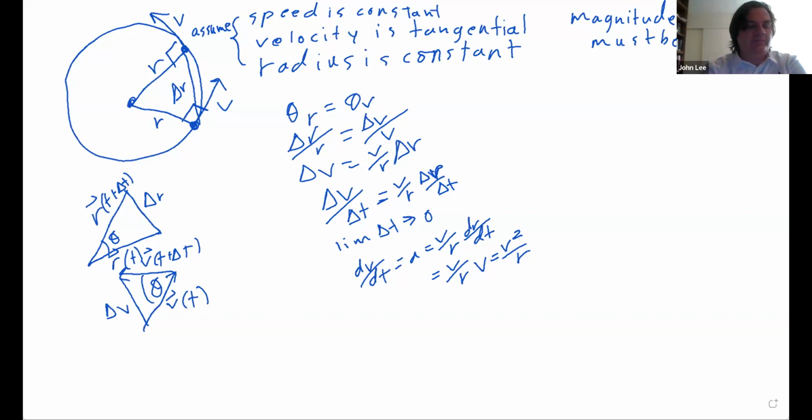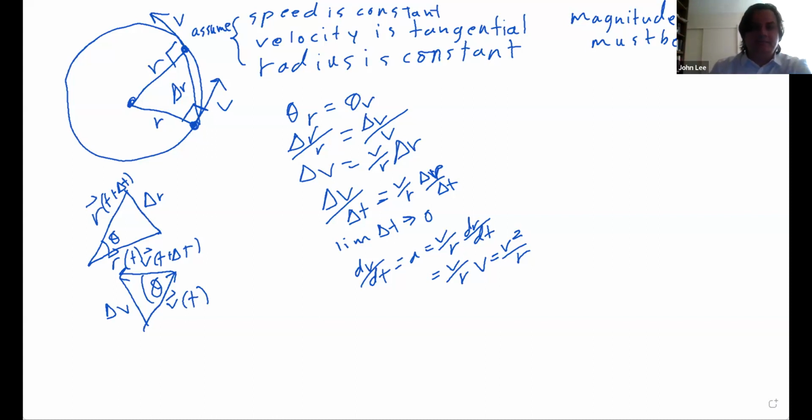They try to make it so that a equals v squared over r, therefore the radius is changing in some way, in order to satisfy the assumption that a equals v squared over r, when really it's the opposite way around. Radius has to be constant, therefore a has to be v squared over r.